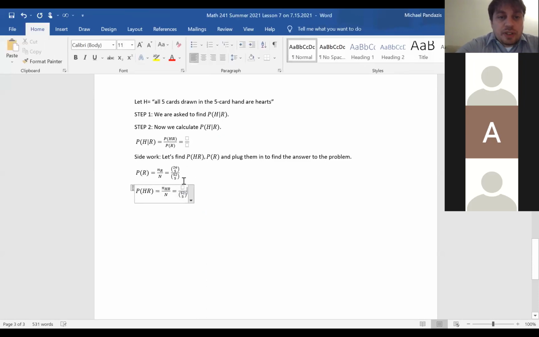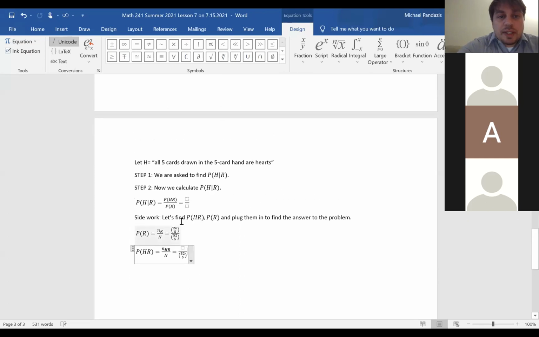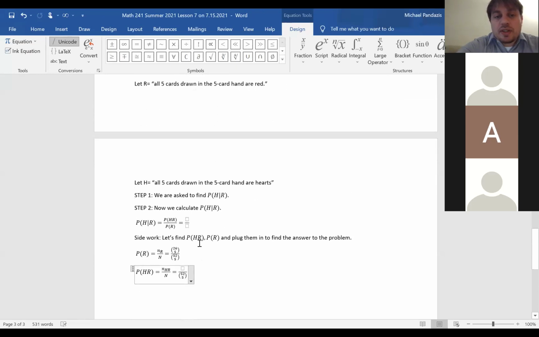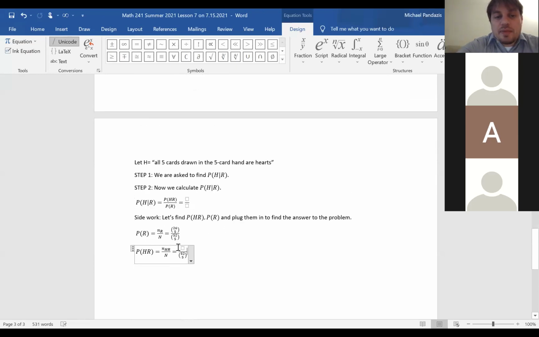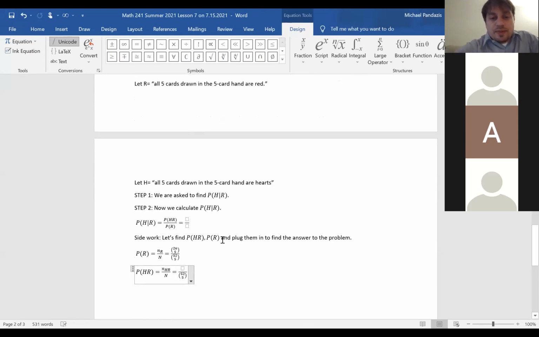And in the numerator, we want the number of 5 card hands that are all red and all hearts. But every heart is red. So really, the number of 5 card hands where they're all red and all hearts is really just that they're all hearts, right?